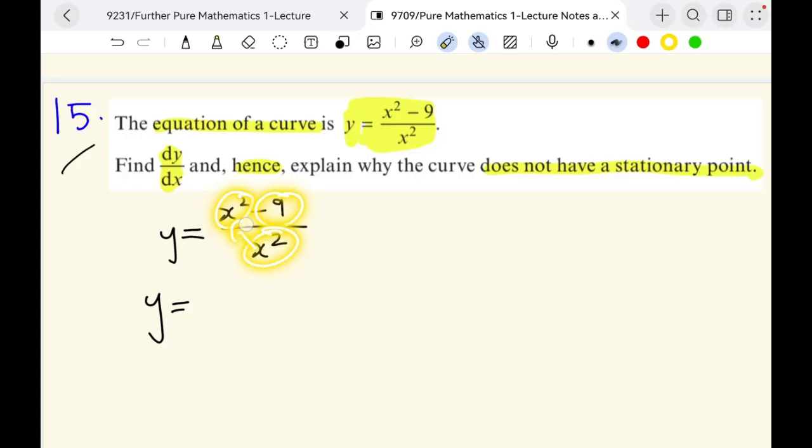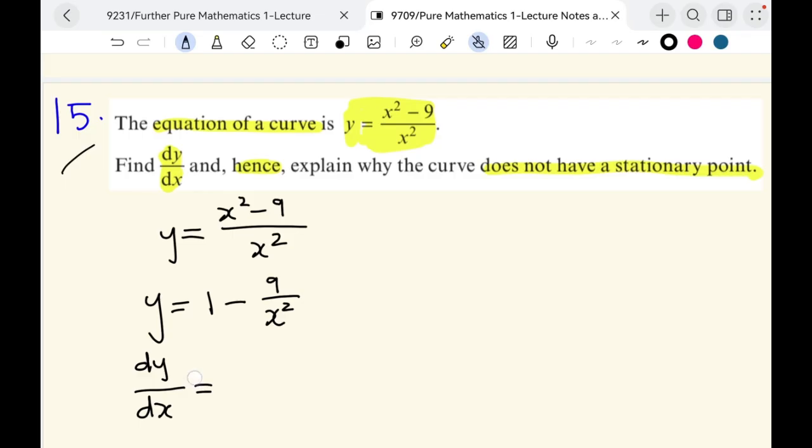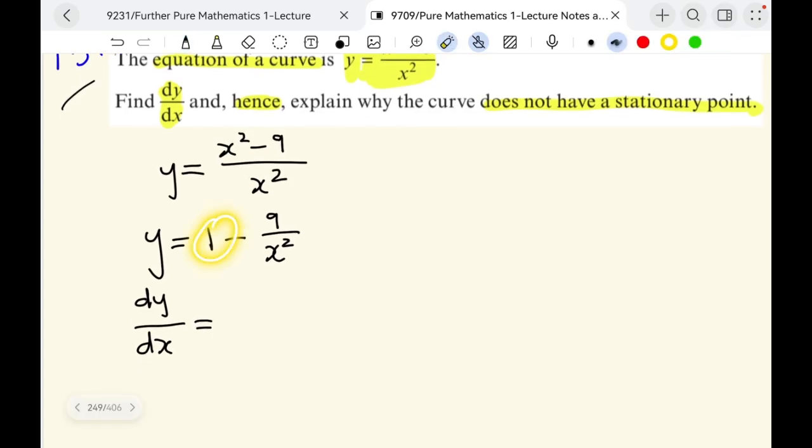Distribute the denominator for each term, which you will get 1 minus 9 over x squared. And now we are able to differentiate, which is dy/dx equals 1 is the constant, get rid of it, and this has a negative, so negative negative positive, 9 times 2, 18 over x cubed.